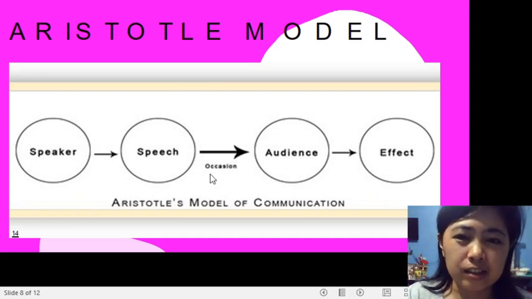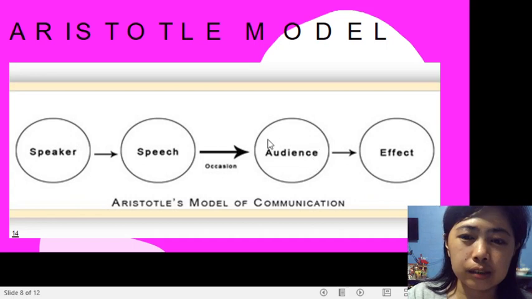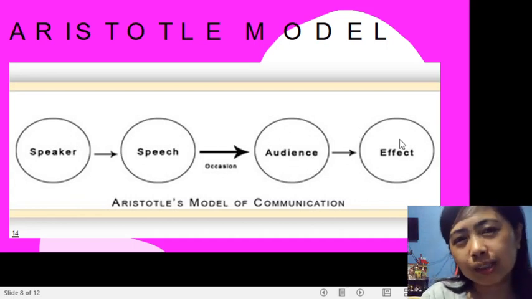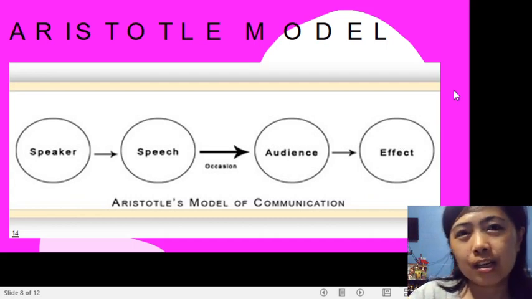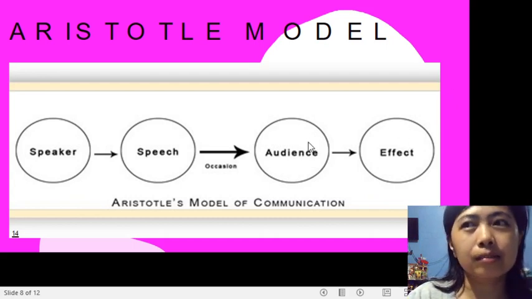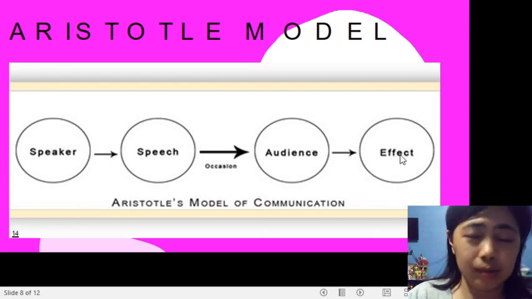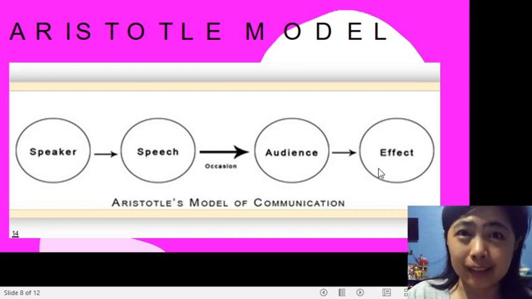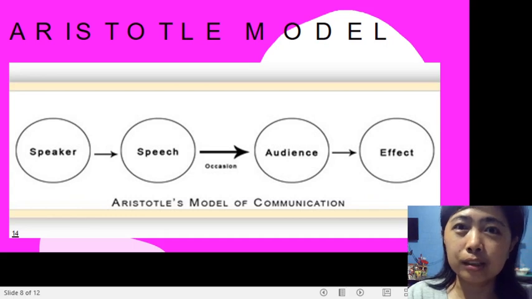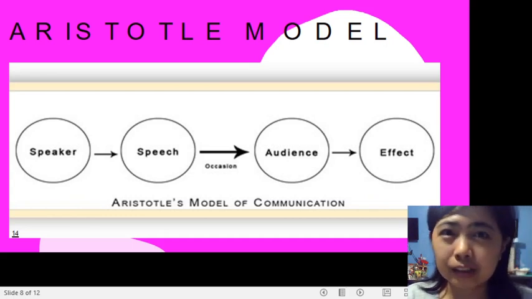Okay, so linear. From you as the speaker of the message, then the occasion, the audience, and then the effect. So when you deliver your speech, and your audience nods or smiles, of course for you there will be a good effect, right? In your mind you process that they enjoyed your speech.